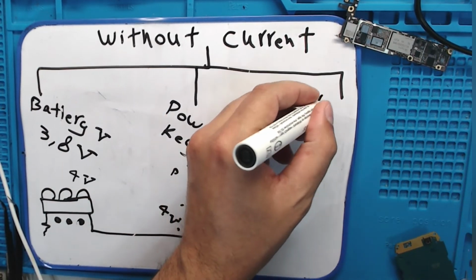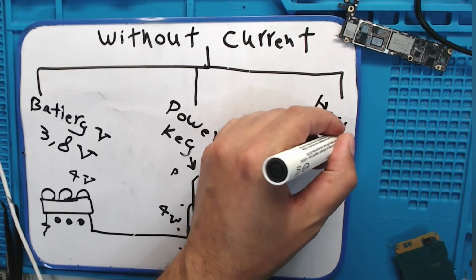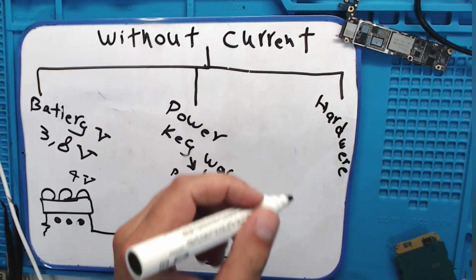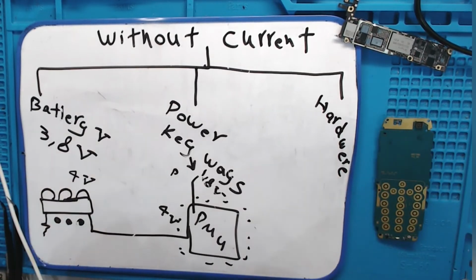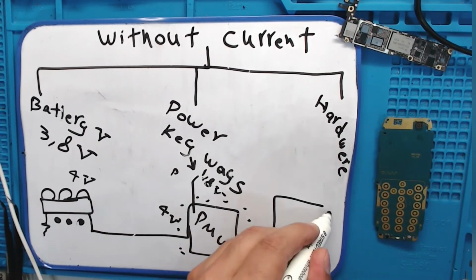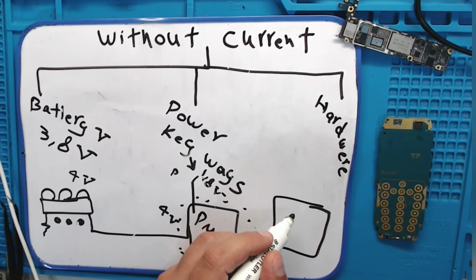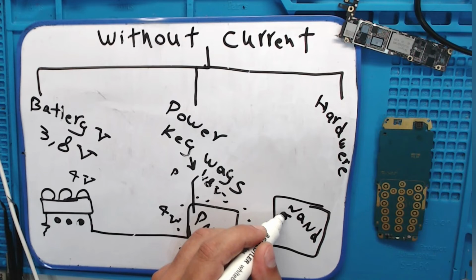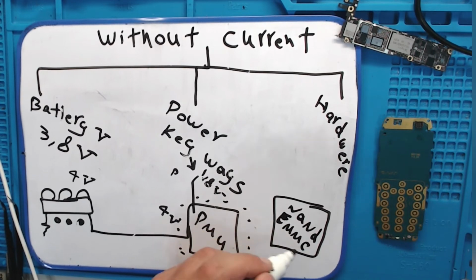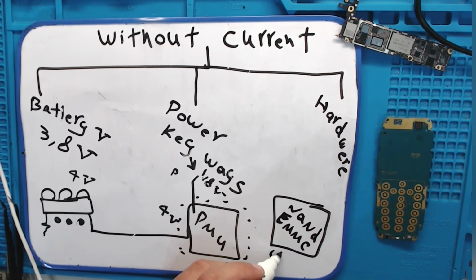This last one is hardware checking. Usually your problem is around this one, and the last part is NAND or eMMC or UFS.